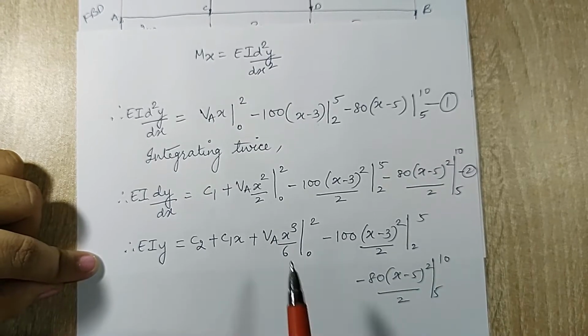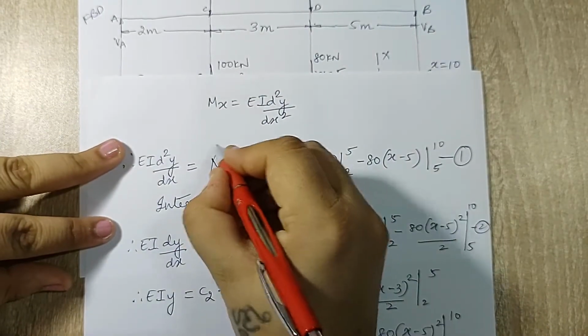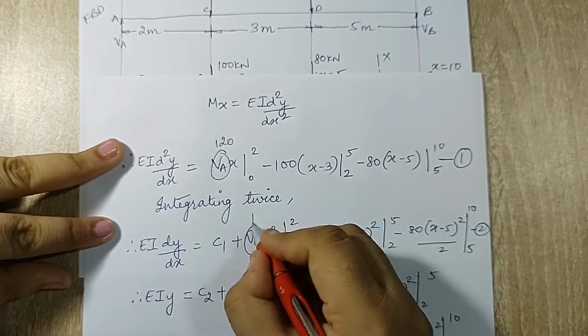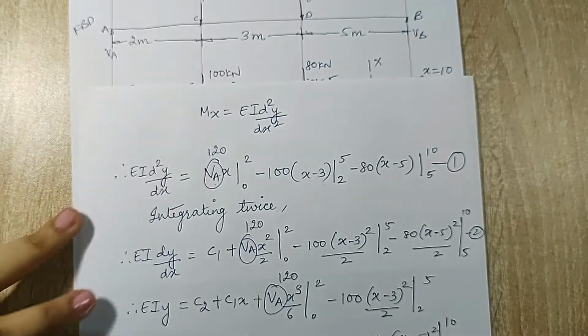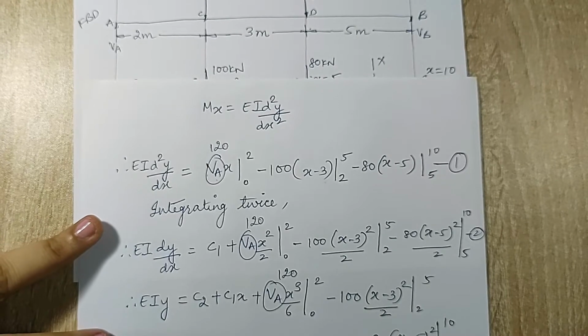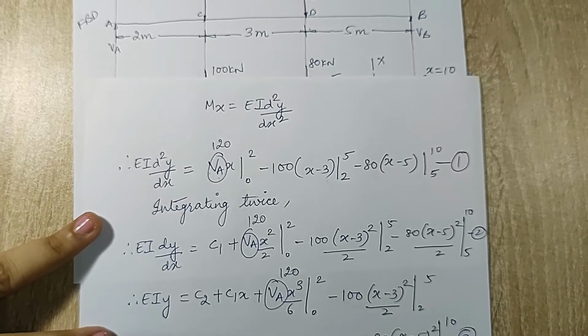Now don't write this as VA, you can substitute the value as 120. So I am just marking 120 everywhere. You can write it as 120 because you know the value. So these are the three equations I have obtained.